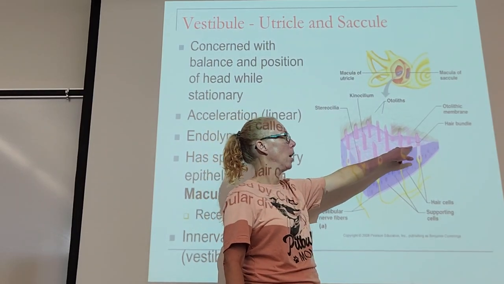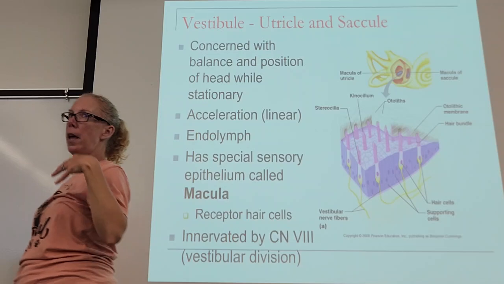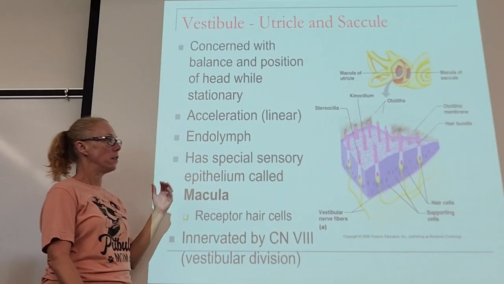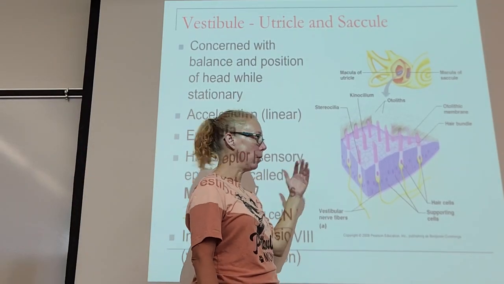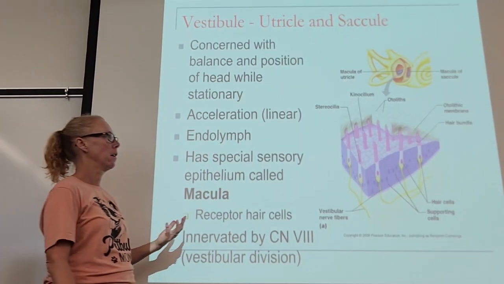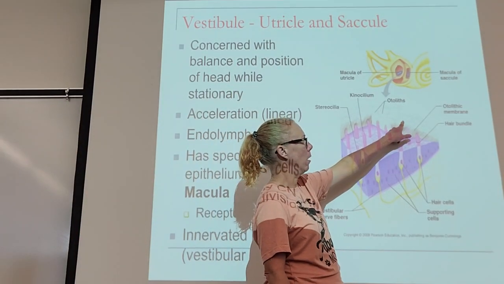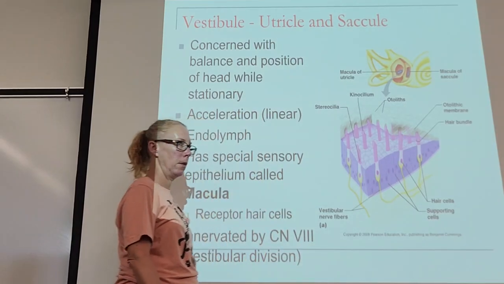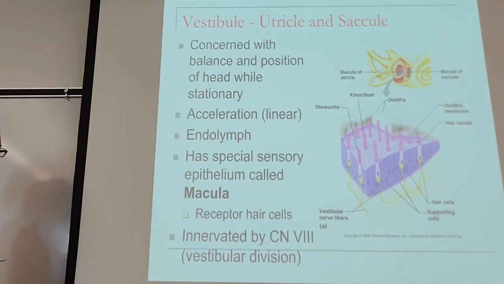Those hair cells are going to embed themselves in some sort of gelatinous membrane. And this is going to be a repeating concept. The membrane here is called the otolithic membrane, and it's made of calcium crystals.